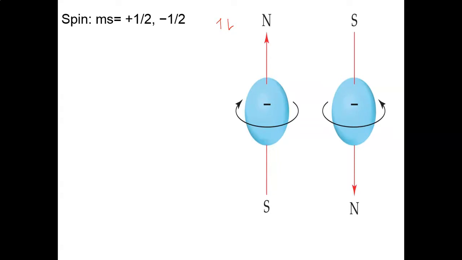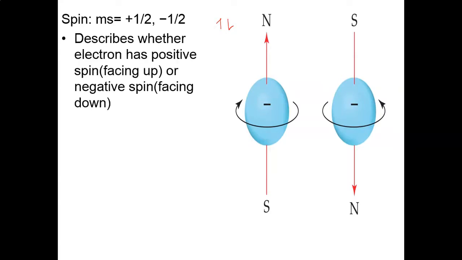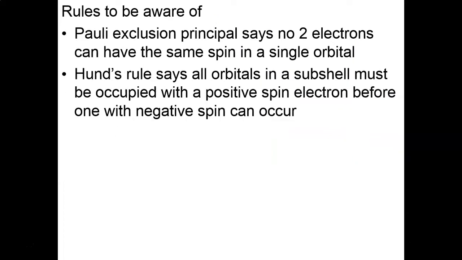That's what those four quantum numbers do. They tell you all that information. They describe whether you have a positive or negative spin. So the first electron, just FYI, has a positive spin. The next one has a negative spin. So, rules to be aware of. One, the Pauli exclusion principle says no two electrons can have the same spin in a single orbital.